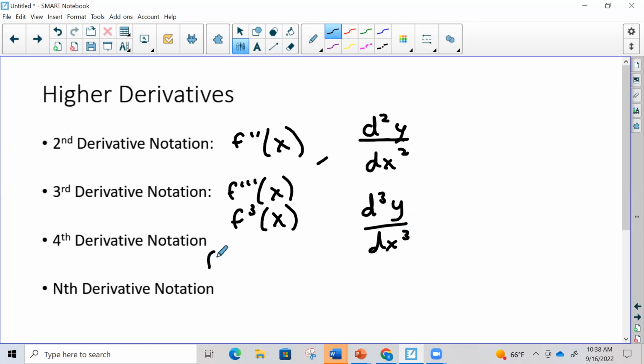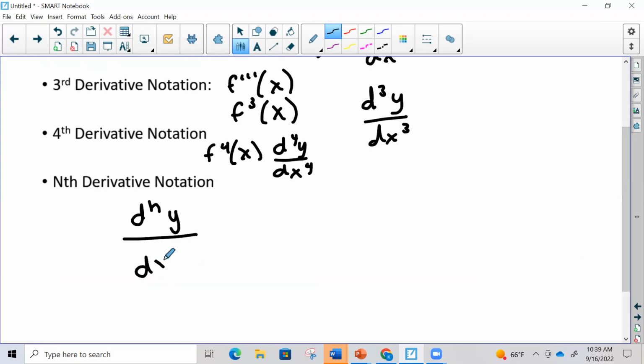The fourth derivative notation would then be like f4 of x or d4y over dx4. And then for any other, the nth, it would be dny over dxn, or you could say fn of x. So that's our notation for the higher order derivatives.